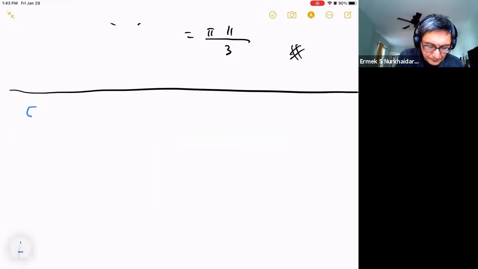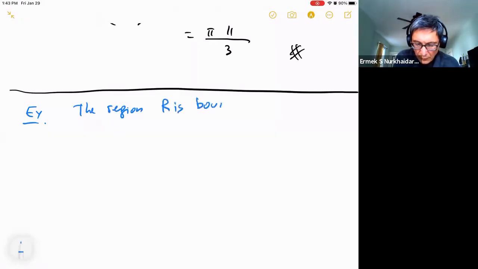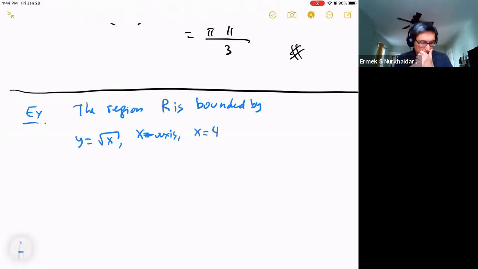So, the region R is bounded by, say, y equals square root of x, the x-axis, and x equals 4. Okay, so what's the region?